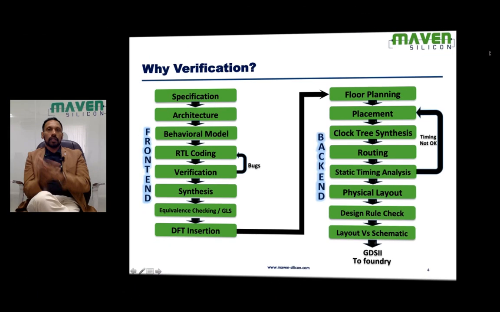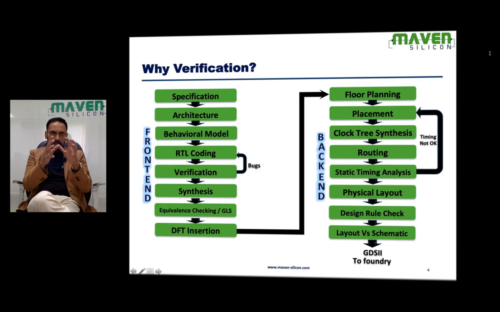Then we synthesize the RTL and generate the netlist. And then we take the netlist through P&R. Finally, we produce GDS2. And then GDS2 goes to foundry. Foundry fabricates the chip. And then using the chip, we create the PCB. And that's how basically we realize the product.